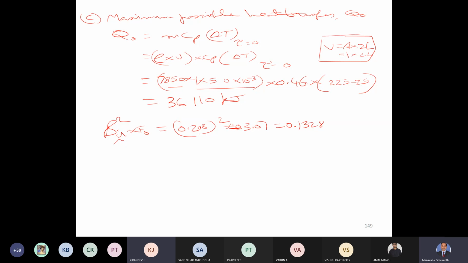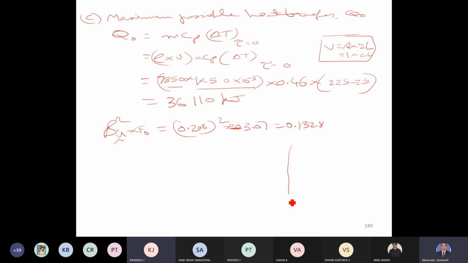So this is what we have on the axis, and the parameter is Biot number. Biot number is 0.208. So remember this.